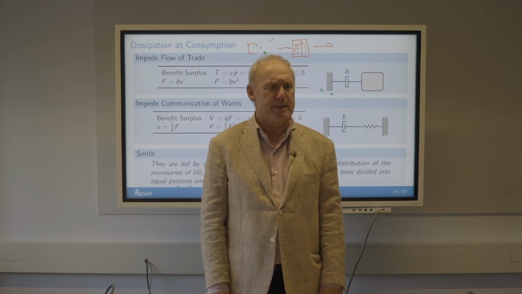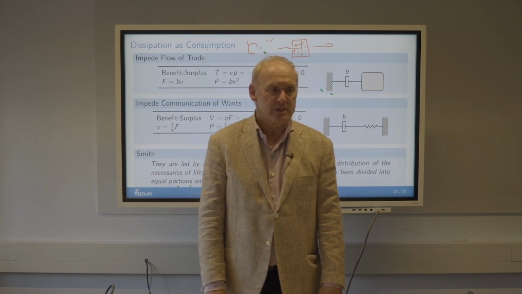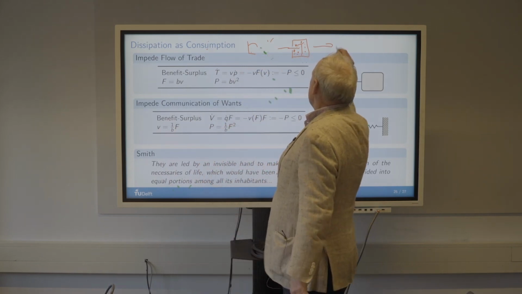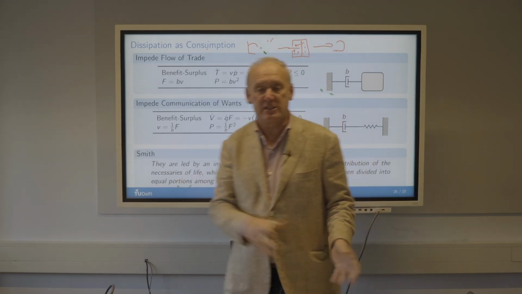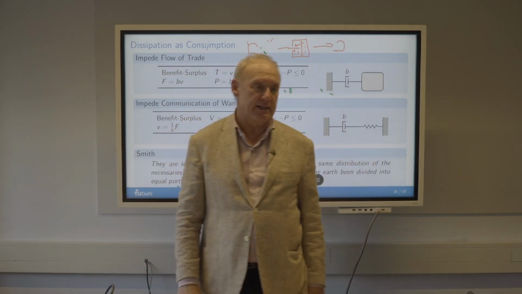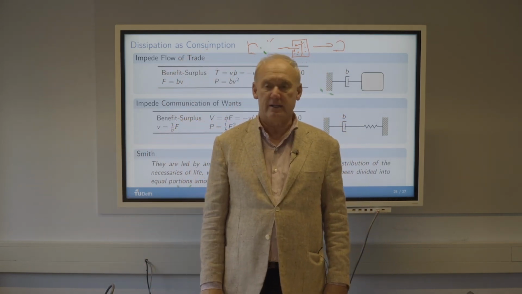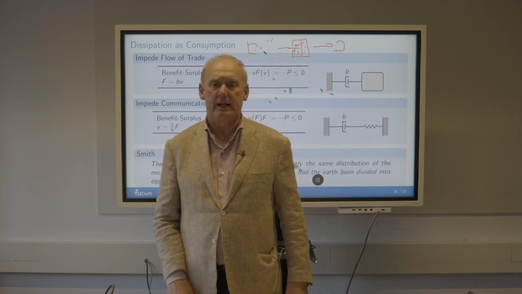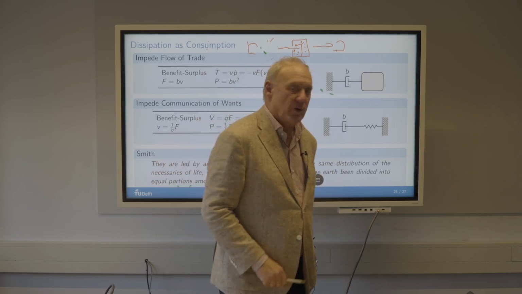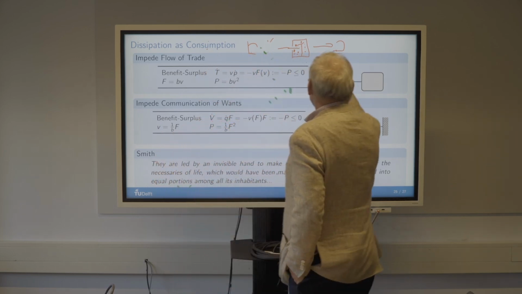But something happens. If this damper was not there, then whatever mass would have been here would have received all the kinetic energy. But now that's not the case. So what happened here is something we call dissipation.